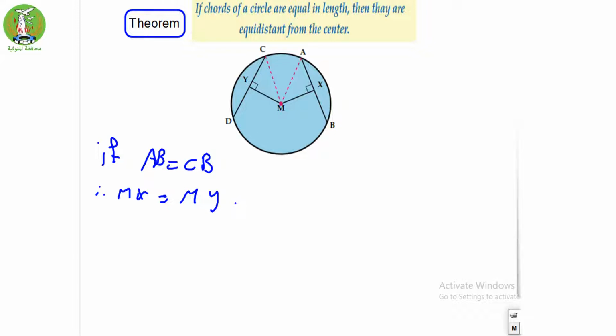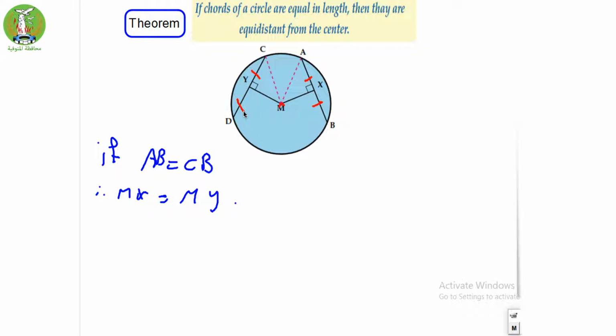We studied before that the line segment drawn from the center perpendicular to the chord bisects it, then AX equals XB. And MY perpendicular to the chord CD, then CY equals YD.